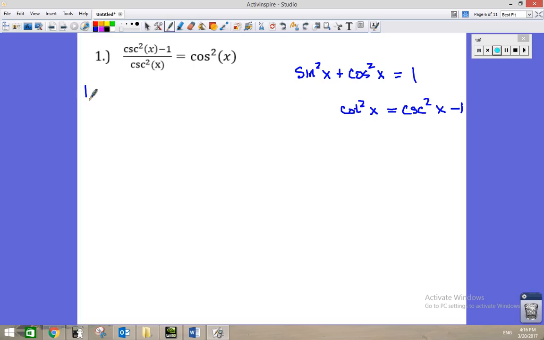So if I start with the left-hand side, I know that I can change the numerator to be cotangent squared, and the denominator cosecant squared of x. I can write this single fraction as the multiplication of two fractions.